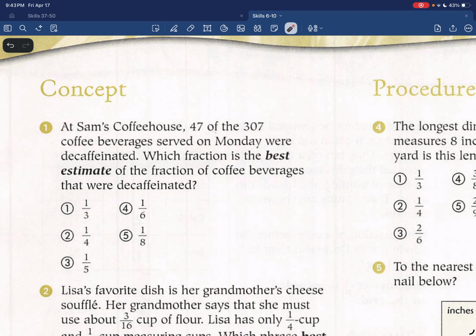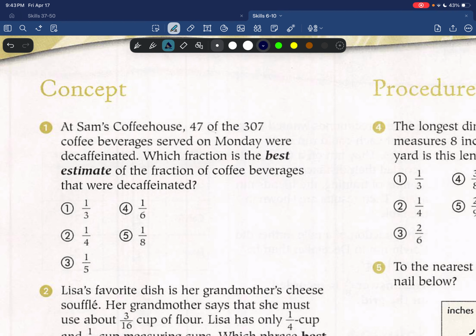At Sam's Coffee House, 47 of the 307 coffee beverages served on Monday were decaffeinated. Which fraction is the best estimate of the fraction of coffee beverages that were decaffeinated? I like this one.